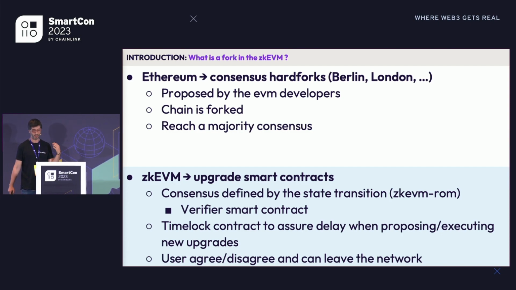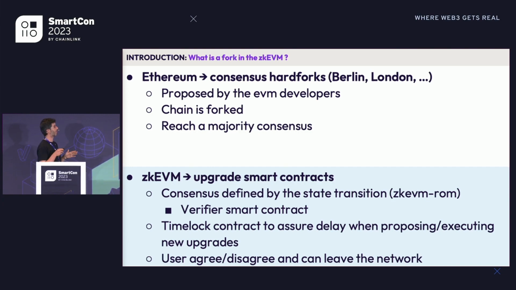They introduce some new opcodes, some new EIPs, consensus rules, and basically what happens is a hard fork, so the chain is forked, and the majority decides which is the canonical chain. So they decide to go to the left or to the right. They choose the canonical chain in order to follow.